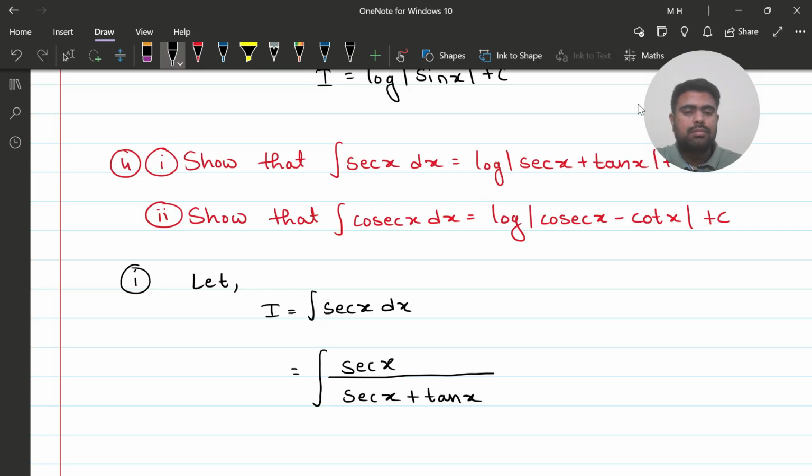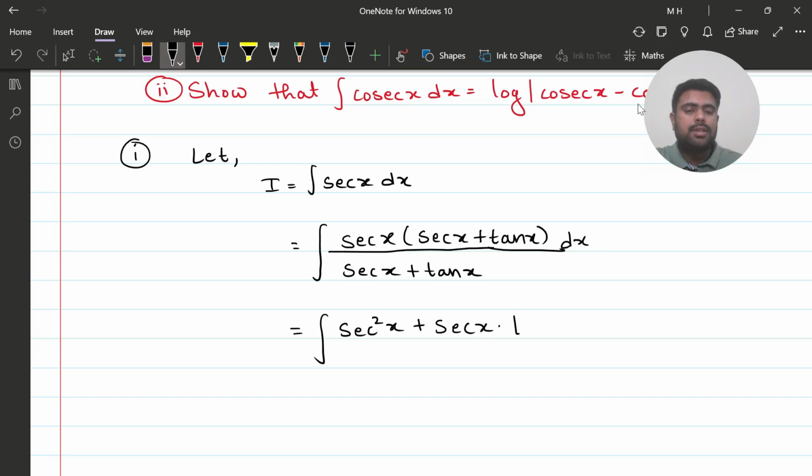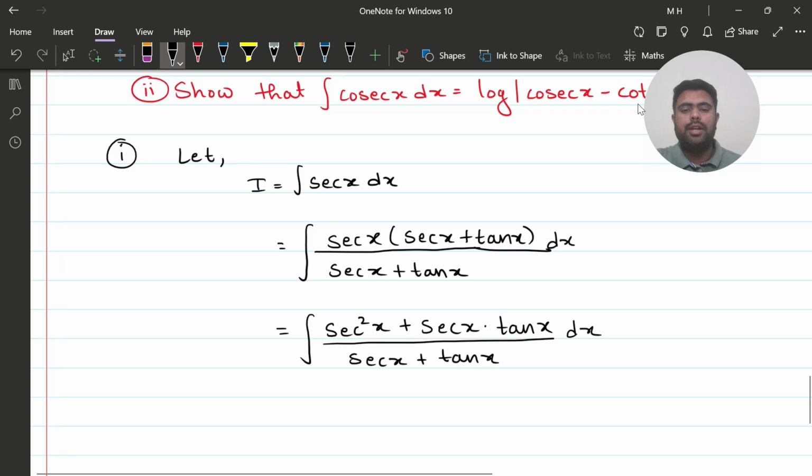But I cannot just divide, I will also have to multiply. So therefore sec x plus tan x, dx. This will be the integral of sec x into sec x, which is sec square x, plus sec x into tan x, no doubt, dx, divided by sec x plus tan x.